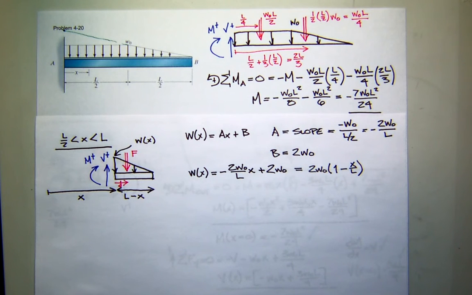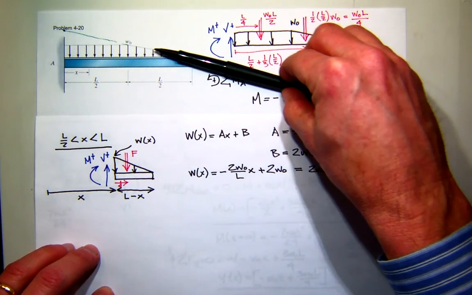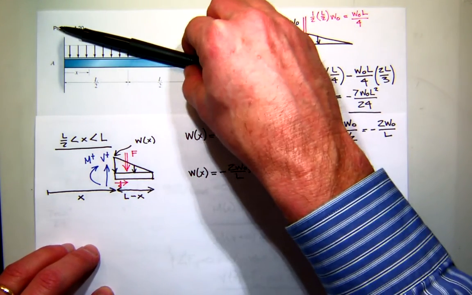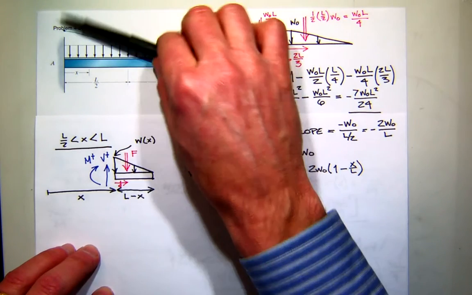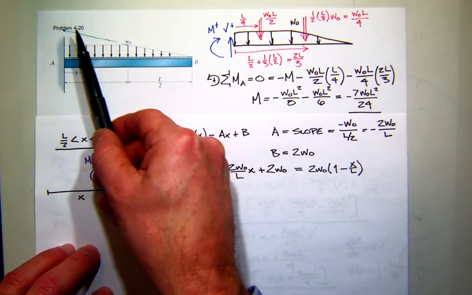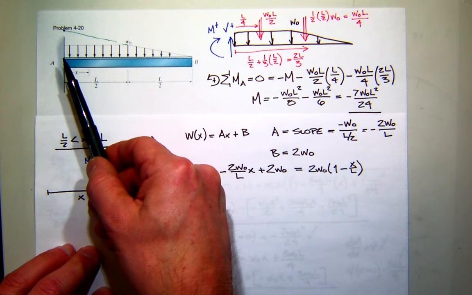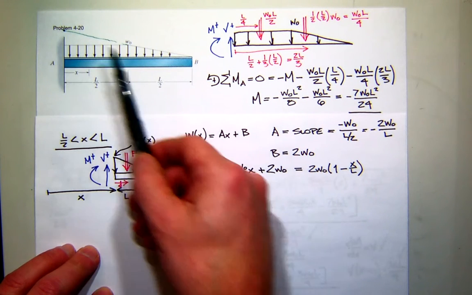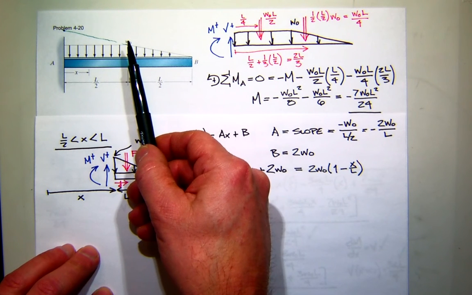How did you get B again? It's the intercept, right? So I'm trying to write an equation for this line, so I project its slope all the way back to where the intercept is, where x is 0. So see, I kind of drew this little triangle. So now the big triangle is L, to whatever this is, ought to be the same as L over 2 to W naught.